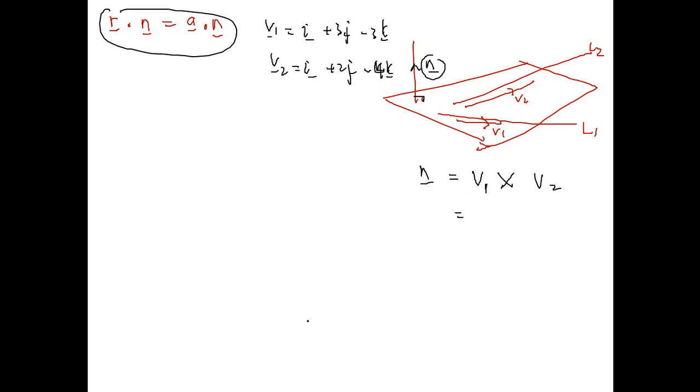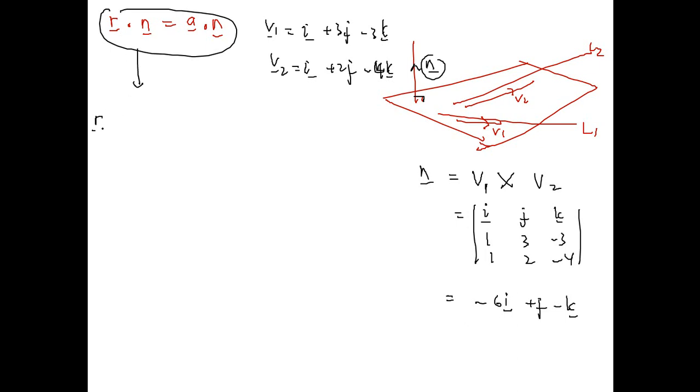Do the determinant: I, j, k; V1: 1, 3, negative 3; V2: 1, 2, negative 4. Then do the determinant. The answer is negative 6i plus j minus k. Do it yourself.